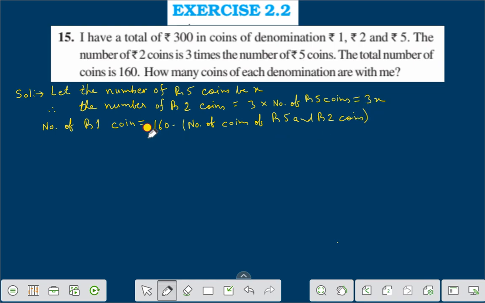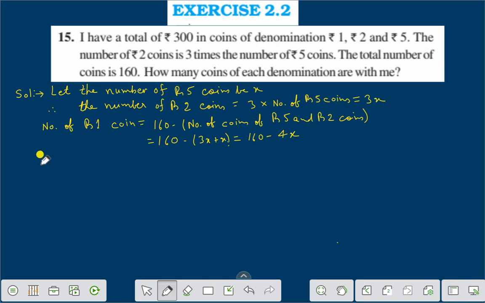That is, you are getting 160 minus x plus 3x. This is not 4, but this is x, so x plus 3x, that is 160 minus 4x.